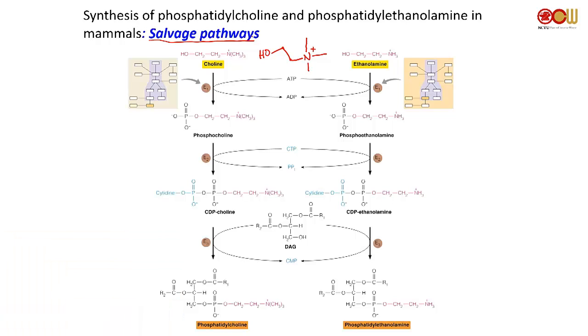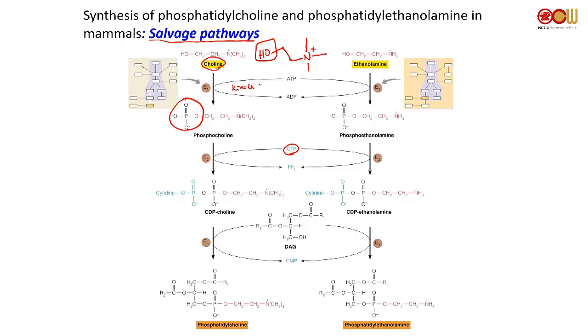Alright, so salvaging pathway, you have choline here. You first activate the OH group so that it becomes a phosphate. Okay? And then all you gotta do then is activate it again using CTP. Okay, it's a transferase. This is not a kinase, it's a transferase. On top here is a kinase.